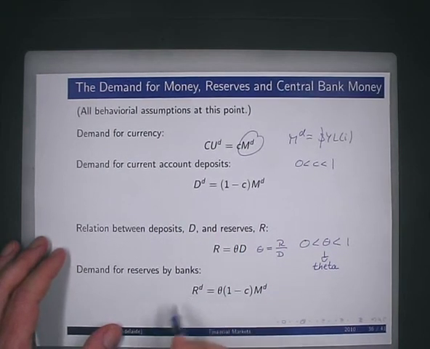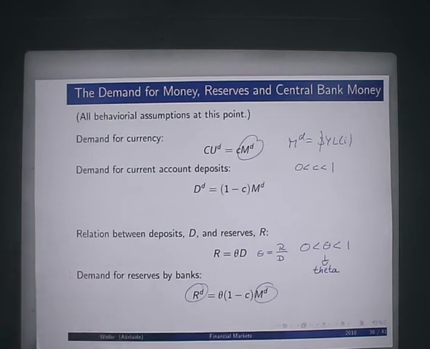So how is the demand for reserves related to the initial money demand in this economy? Well, from the initial demand, it's the fraction that ends up in deposits, and then the fraction of that which is held as reserves. These are the demand deposits, the current account deposits, and this is the fraction.